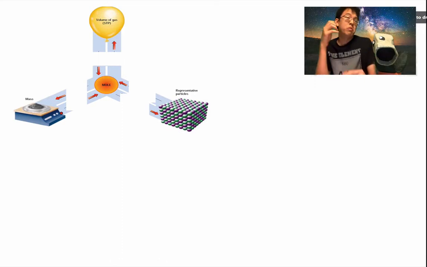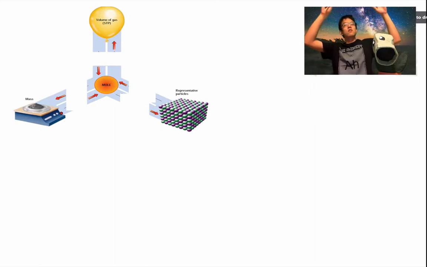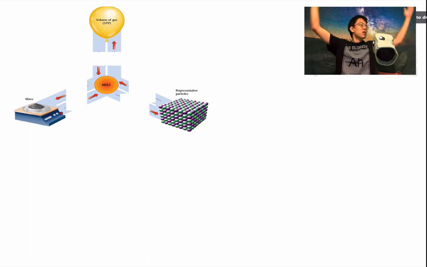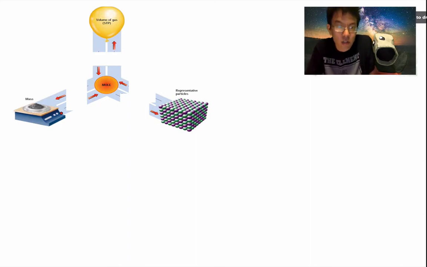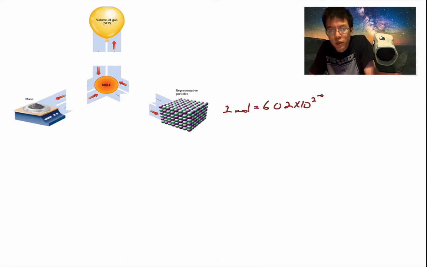It would be very ineffective to say we have 1.6794732 times 10 to the whatever atoms of this all the time. So instead we use the mole, which, if we recall, 1 mole is just 6.02 times 10 to the 23rd of anything.